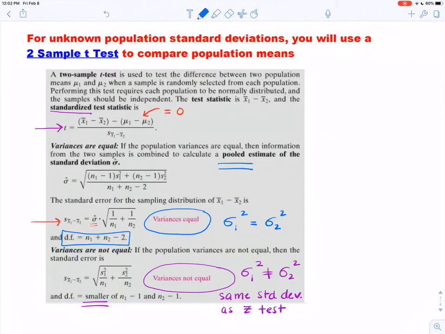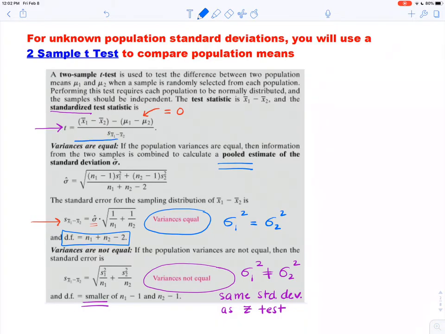All right, now, as far as your standardized test statistic here, you're going to have two cases. And what you're going to look at here to determine which one you use, although you don't know the population variances, you do have to have some information to compare them. So you're going to look at two cases.